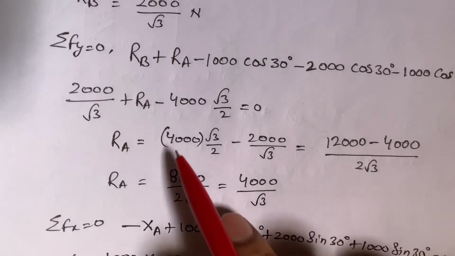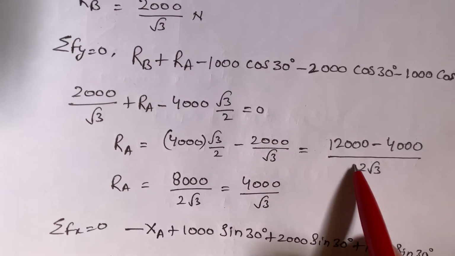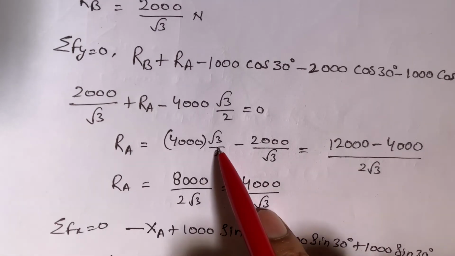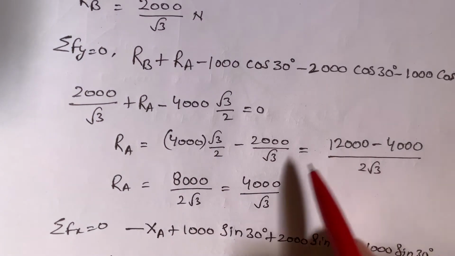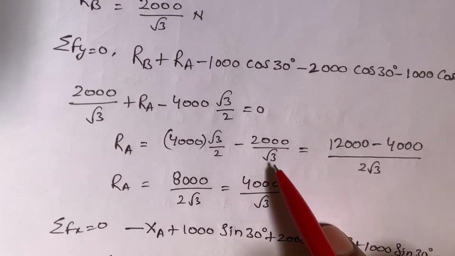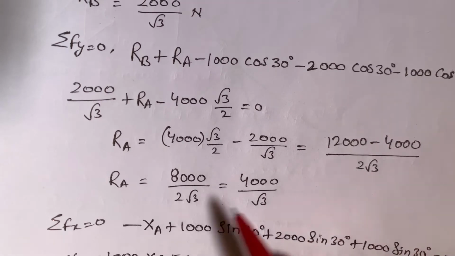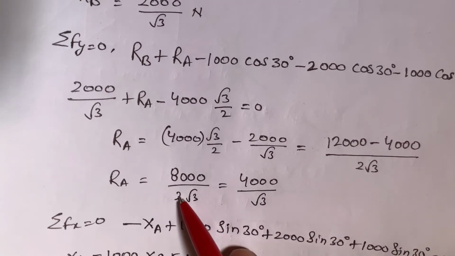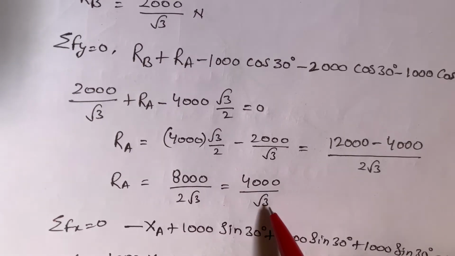So 2 root 3 into this value: root 3 gets cancelled, sorry, 2 gets cancelled, and root 3 into root 3 is 3. So 3 into 4000, that is 12,000. After that, root 3 gets cancelled, and 2 into 2000 is 4000. So total 8000 by 2 root 3. So 2 gets cancelled, 4000 by root 3.